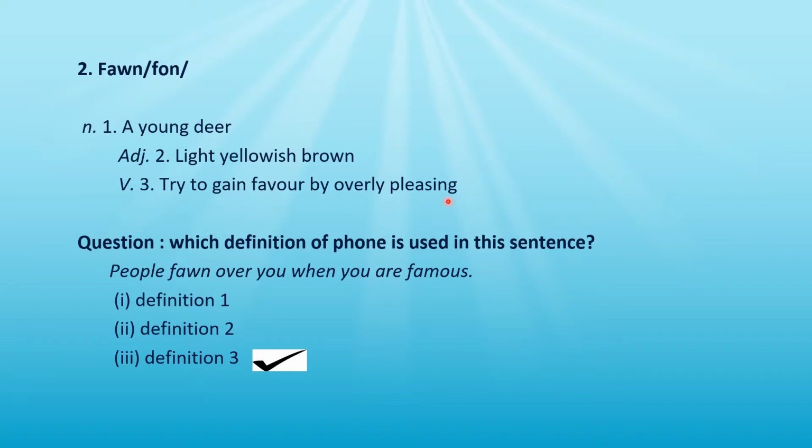If you replace the word fawn with this meaning, you will get the exact meaning: people are overly pleasing when you are famous. So you can see definition number 3 is correct here. Let's move to the next part.